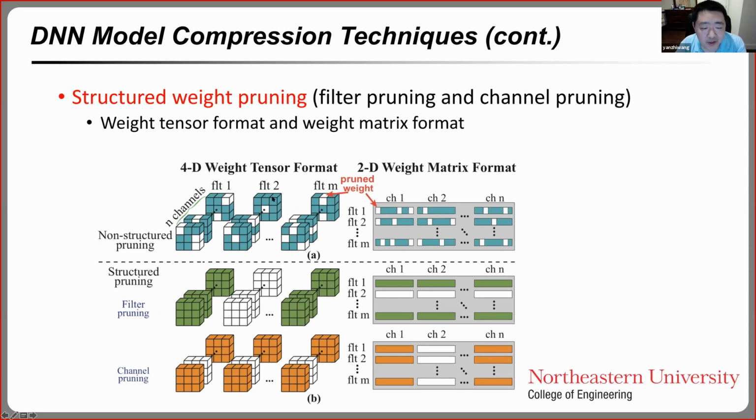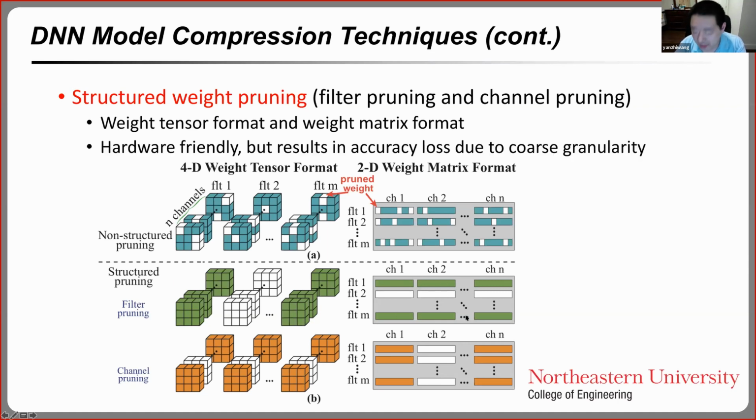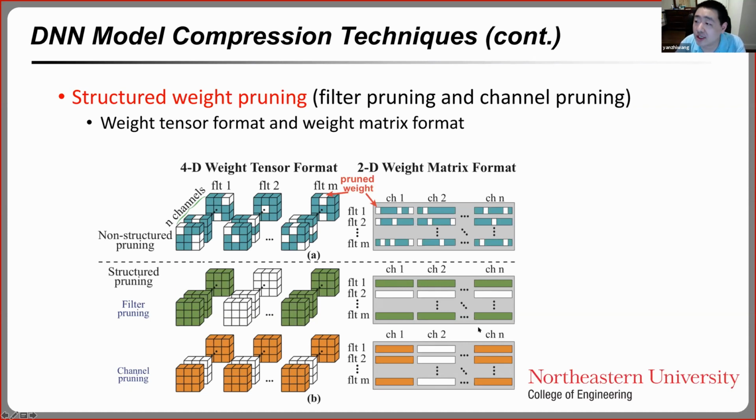The previous non-structured pruning can prune arbitrary weights. But in structured pruning, filter pruning prunes entire filters, and channel pruning prunes entire channels. So when it is transformed into a matrix, the remaining computation is still a full matrix, but the size is smaller.